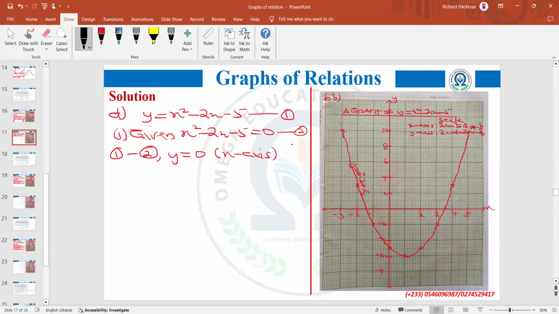This is the curve here, and this is the line y is equal to 0, which is the x-axis, and it meets the curve here at this point, and also at this point. Do you agree?